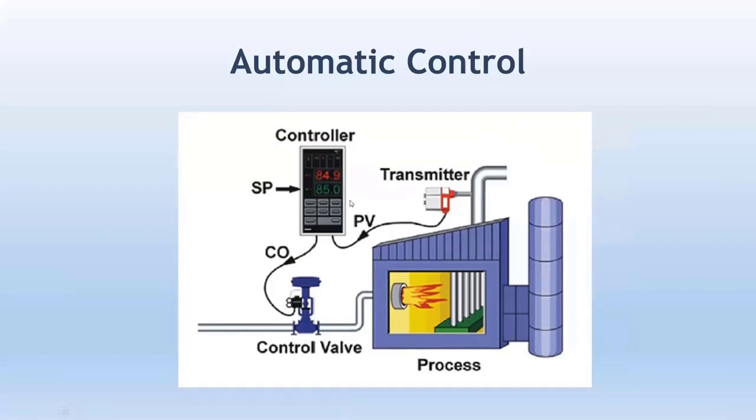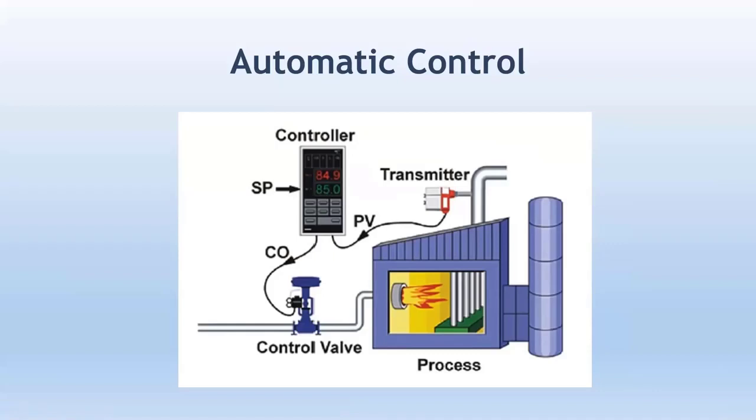And the controller will see, okay, there is a set point. Set point is what you want. For example, you see here the set point is 85, and you can see your PV is 84.9. You understand here? So if PV is 84.9 and your set point is 85, you want your temperature to be 85.